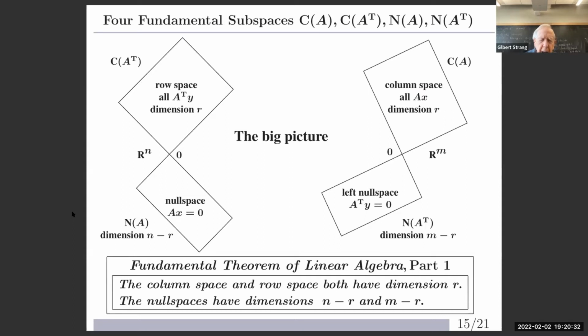If you multiply a matrix by a vector, the usual way to do it is dot products of the rows with the vector X, right?